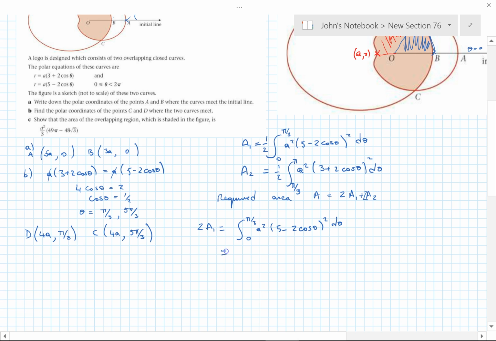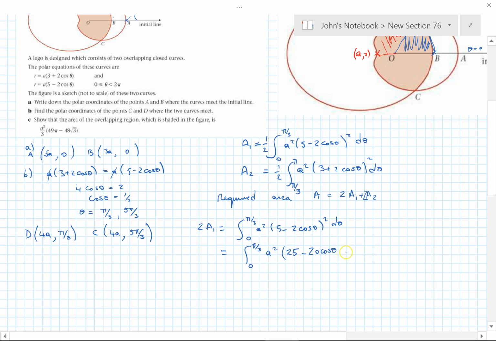Now at this level we shouldn't be making hard work. I'm surprised what I see sometimes, people doing grids and smiley faces in second year further maths. Anyway, we shouldn't be struggling to square this. So it's 25. 5 times 2 is 10, double that, so that's minus 20 cos theta.